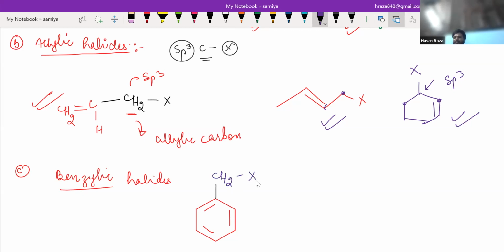So it will be like this. You can see this is sp3 hybridization and the adjacent carbon is doubly bonded. This is known as benzylic halide.